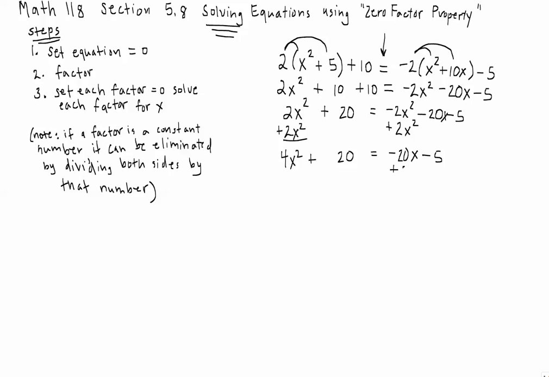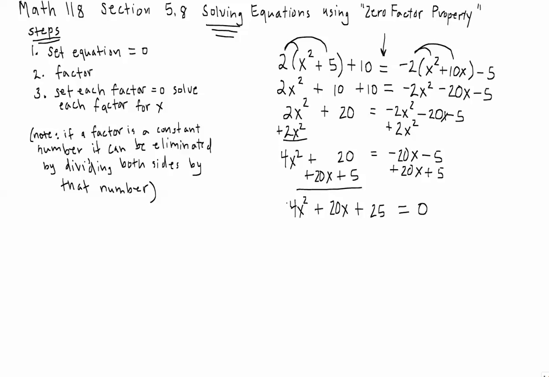I'm going to add 20x, and I'm going to add the 5 to save a little bit of space and a little bit of time. I'm going to do both of these at the same time. So what I have now on the left side is 4x squared plus 20x plus 25 equals 0.